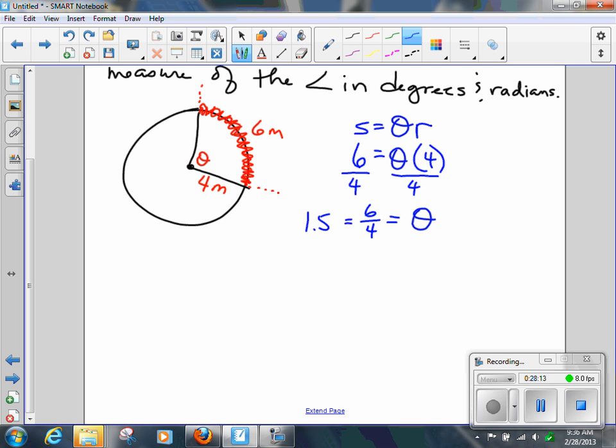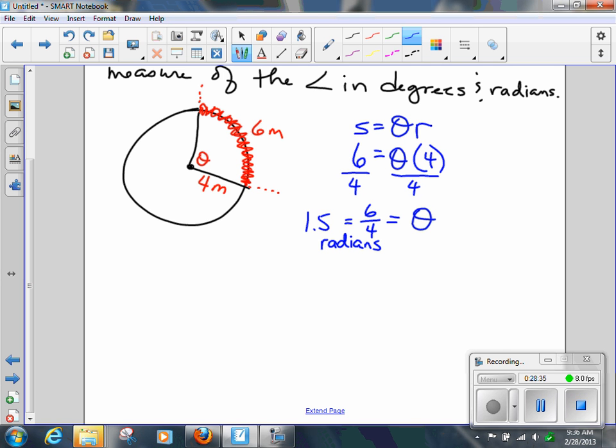Now, it's 1.5 what? Radians. 1.5 radians. Does this bother anybody? That it's 1.5 radians? Usually, if it's radians, then what does it have in it? A pi.